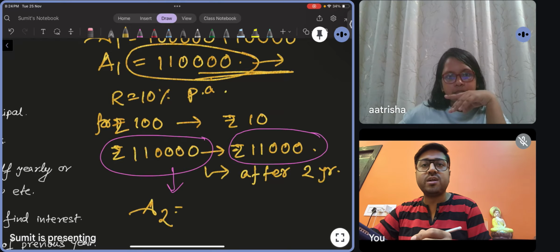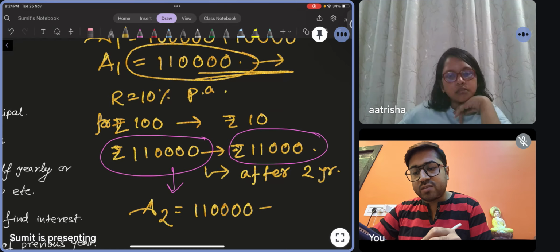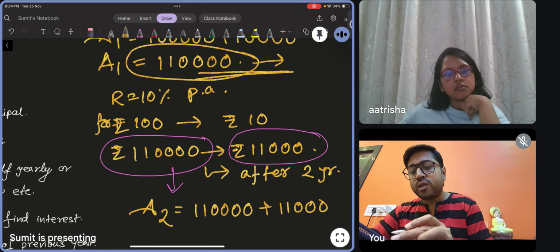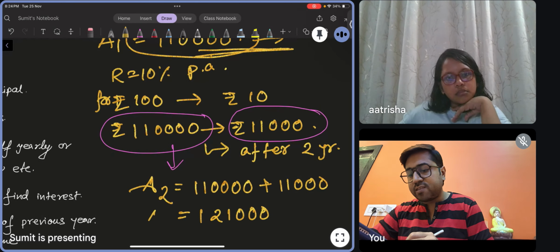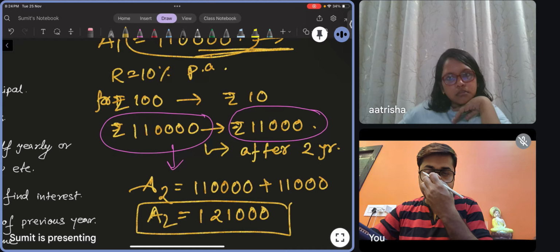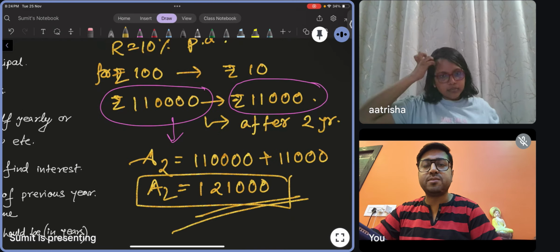A2 means amount after second year. So it will be 1,10,000 plus 11,000, which will give you 1,21,000. That is A2. And if you want to clear your loan after the second year, then you have to pay this amount to clear all the debt.